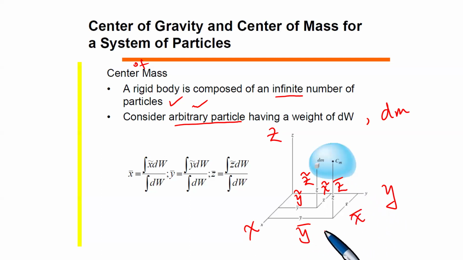Once we use the straight bars, they're different from the tildes, because the y bar, the x bar, the z bar define the actual center of mass, which is the same as the center of gravity. You need to take note of this, because it is critically important.